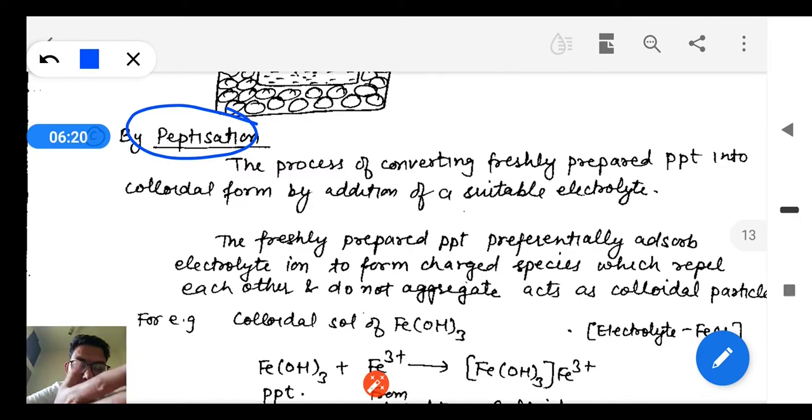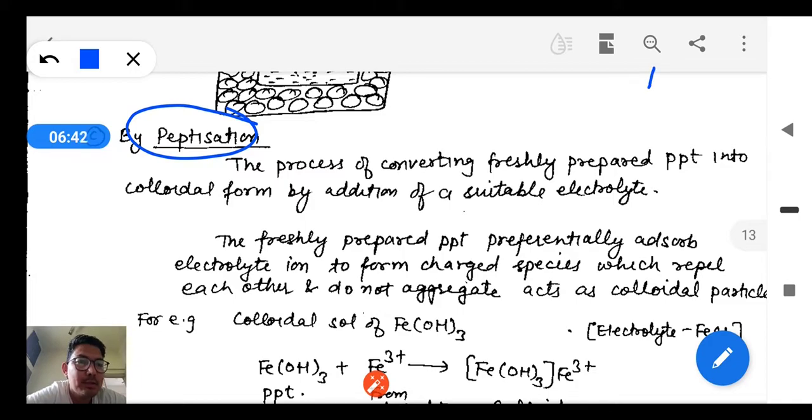Peptidization means conversion of precipitate into colloidal state, and coagulation or precipitation or flocculation, these three terms are the same thing. Precipitation means conversion of colloid into precipitate. Okay, so both are reversible.